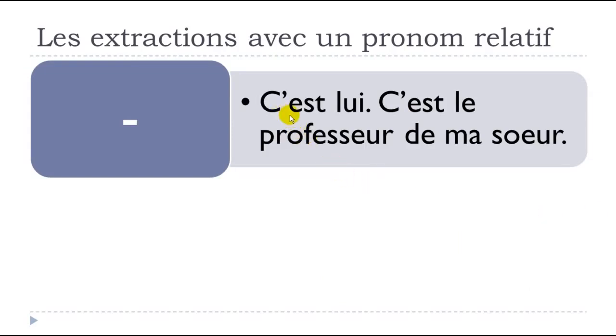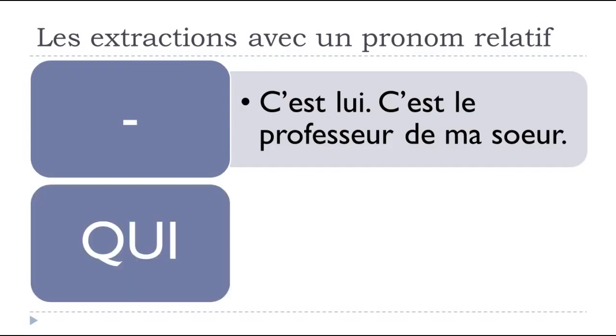Okay, so let's imagine that we have two sentences like c'est lui, so it's him, c'est le professeur de ma sœur, he's the teacher of my sister, if you translate directly like that. Basically the idea would be to combine these two sentences and have only one, and we will use qui.